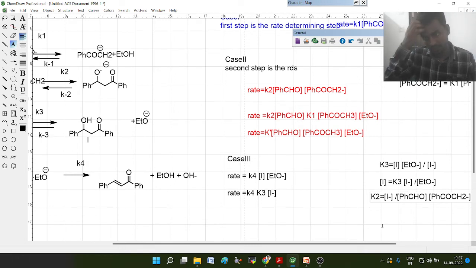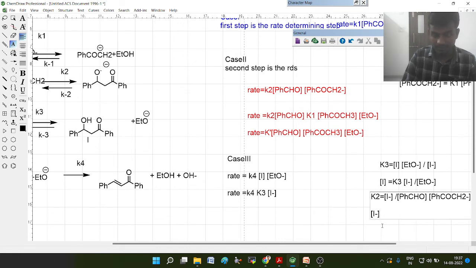So from here I can get the concentration of I minus. It's just simple: K2 into the concentration of PhCHO and the concentration of PhCOCH2 minus.